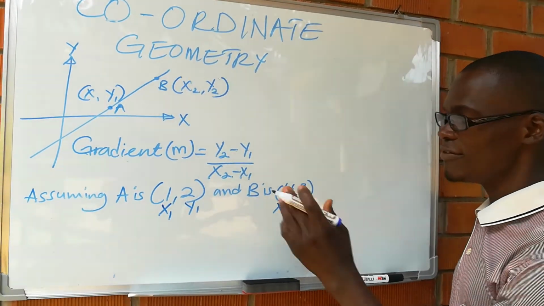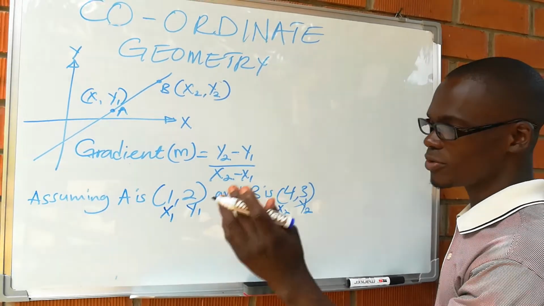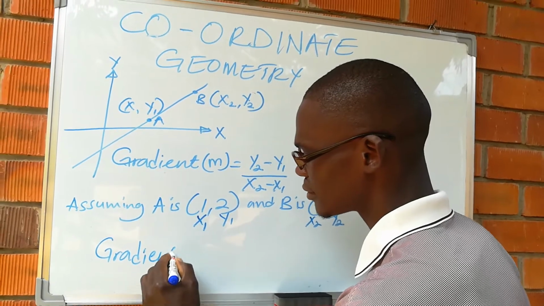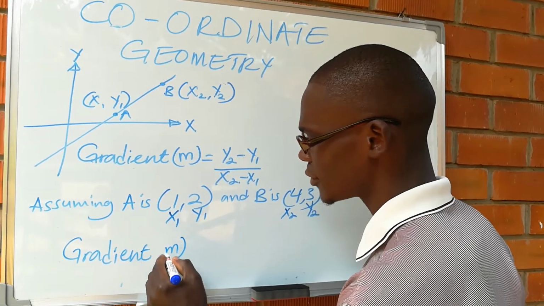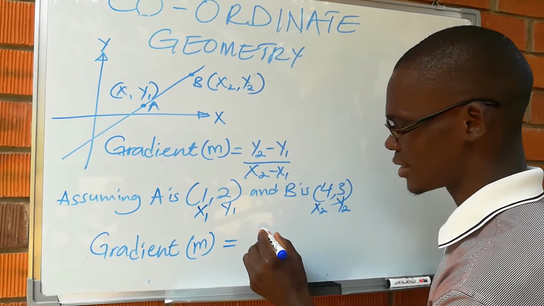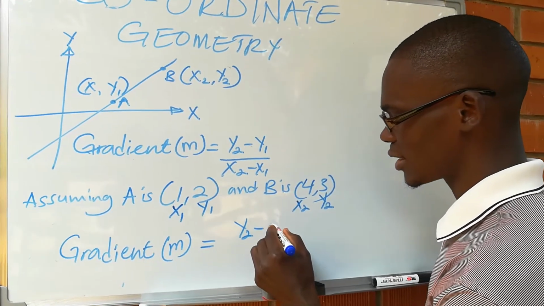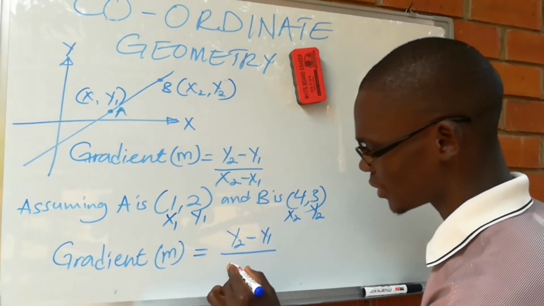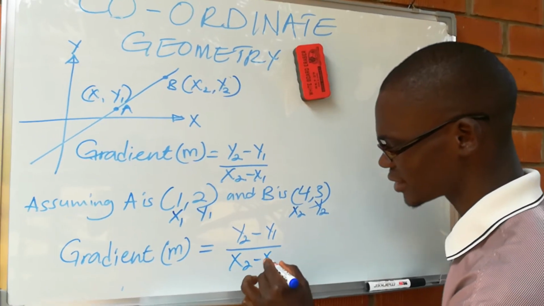So after naming these points, we now say the gradient m is given by y2 minus y1 over x2 minus x1.